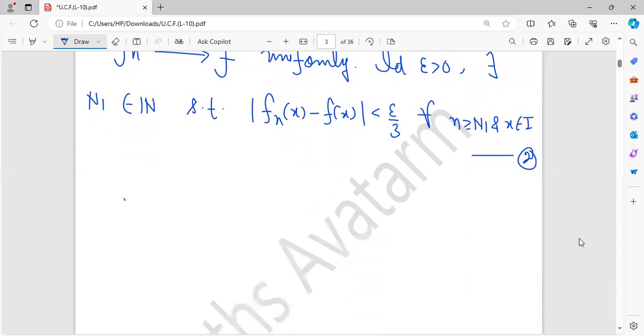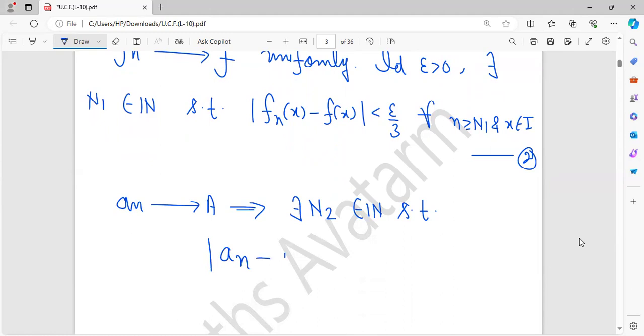Now a_n converges to a. What does it mean? There exists N2 belonging to the natural numbers such that |a_n - a| is less than epsilon by 3 for all n greater than or equal to N2. Let's say it is equation number 3.